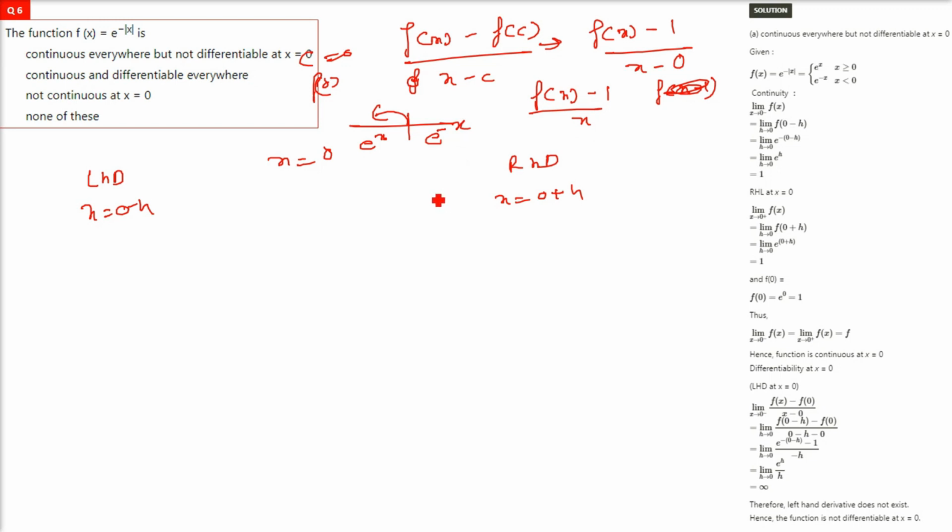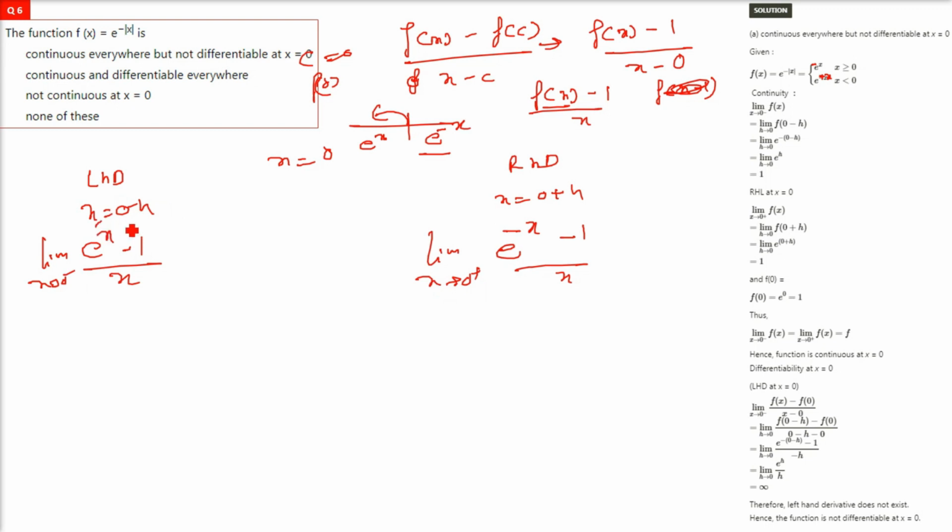So we will put 0 minus h and 0 plus h, and then try to use a certain identity or already established result. So e raised x here, e raised minus x here: (e^x minus 1) by x, (e^(-x) minus 1) by x. Limit x tends to 0 minus here, limit x tends to 0 plus here.